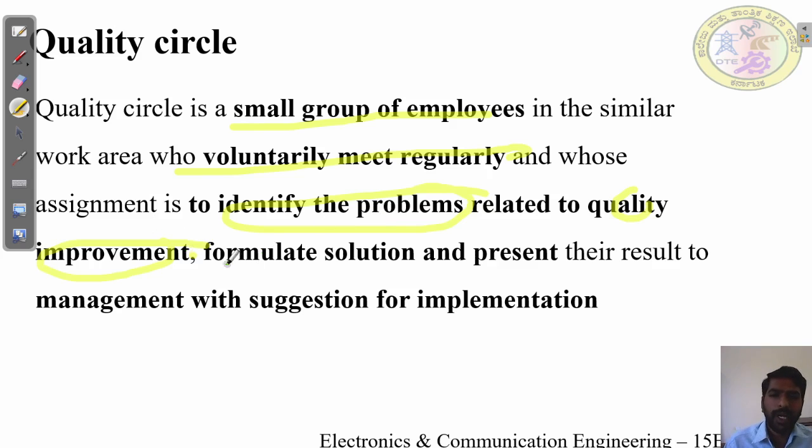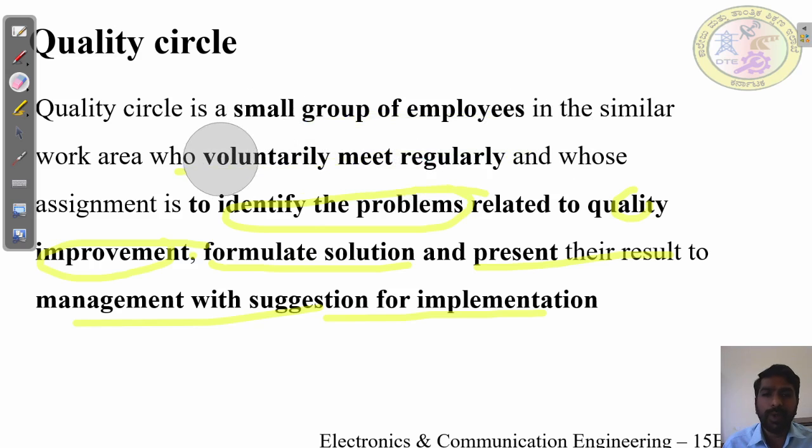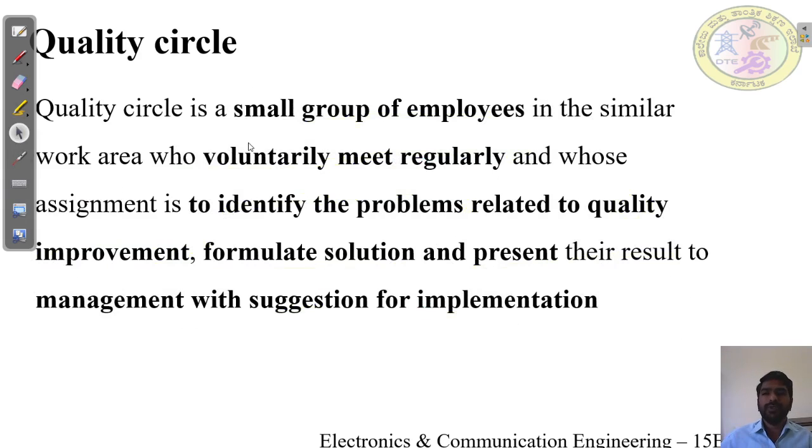They formulate the solution and present it to the management with a suggestion for implementing. They suggest to the management to implement this solution: if you implement this solution, you can improve the quality. That's why it's called a quality circle. Quality circle means a volunteer group of people works together to achieve quality in the product. How will they achieve it? They will analyze the process and improve the process. They provide the solution and they will implement the solution.